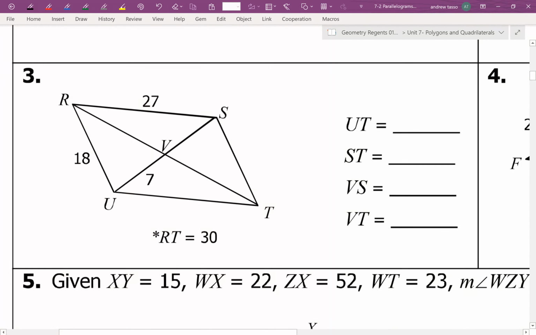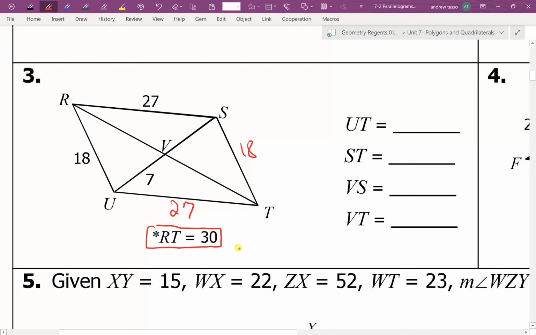So let's have a look at this next one here, number 3. So the first thing that I can recognize is that I would be able to figure out opposite sides. So if this is 18, this would also be 18. And if this is 27, this one would also be 27. Right? Now the next information they're providing is that RT is 30.